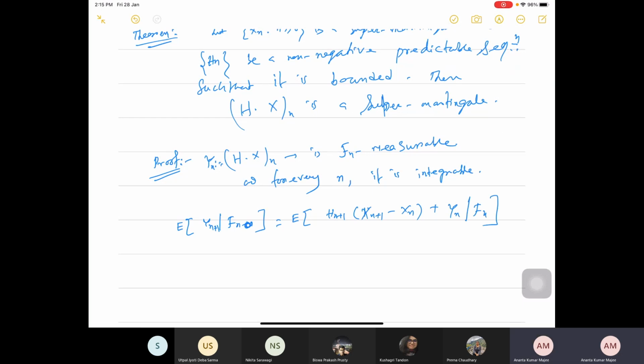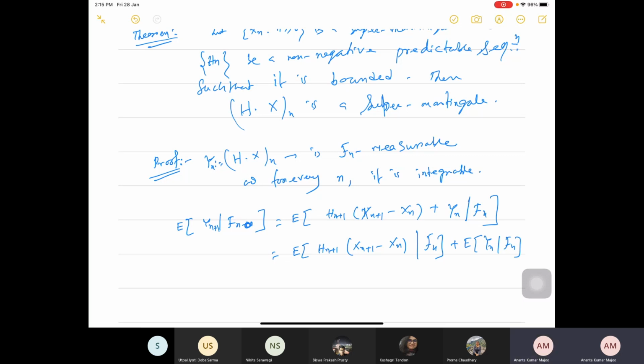Because y_{n+1} is the summation over i equal to 1 to n+1, so first you write down what happens when i is equal to n+1, and then the next is y_n. Now, we know that the conditional expectation is linear, as we have already seen. So I can write this as the expectation of h_{n+1} times (x_{n+1} minus x_n) given F_n, plus the expectation of y_n given F_n.